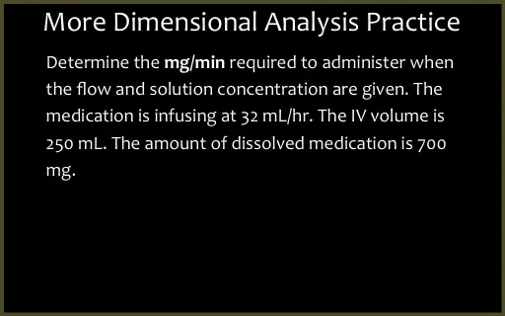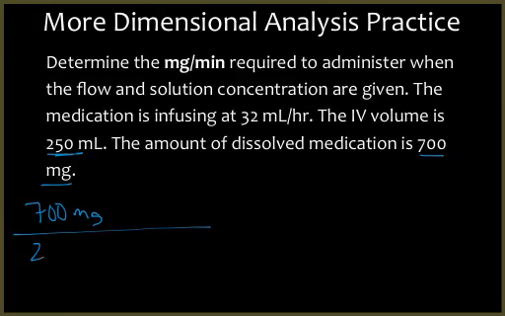Okay, so this one we're going to start out again with something in the top and the bottom. So we know there is 700 milligrams of medication in 250 milliliters. So that's actually what I'm going to start with here. So I have 700 milligrams per 250 milliliters. These are a little different than what we've done before. So what do you do for this?